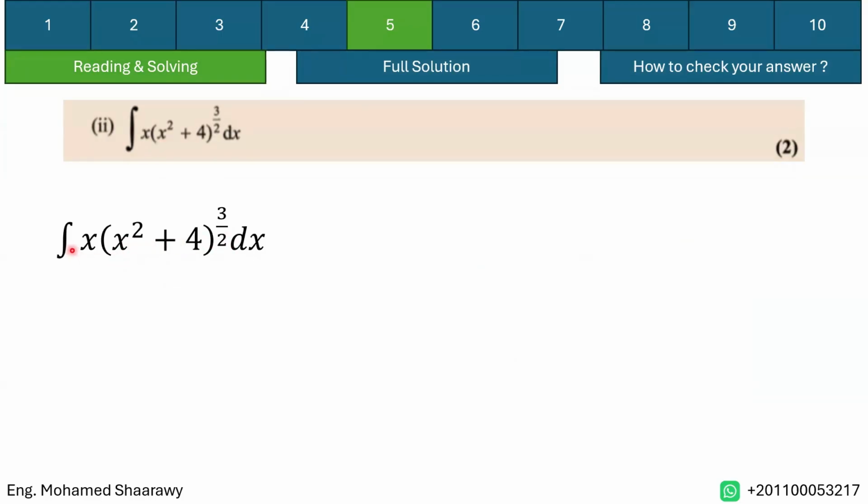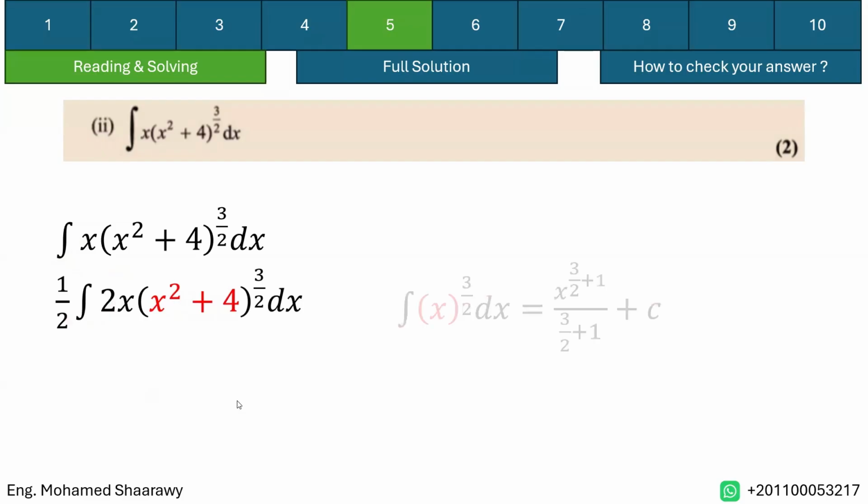It's 2x, but 2x does not exist here. So I can both multiply and divide by 2 at the same time, so the differentiation of x squared plus 4 is written next to it.